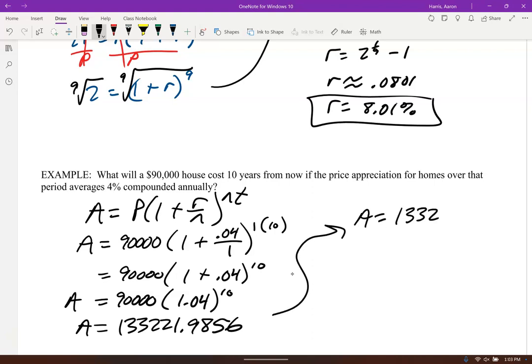We'll round that to the nearest cent. So if homes go up 4% over the next 10 years, that $90,000 home will be worth $133,221.99.